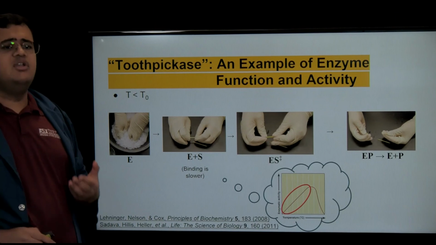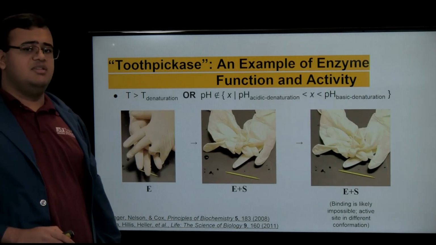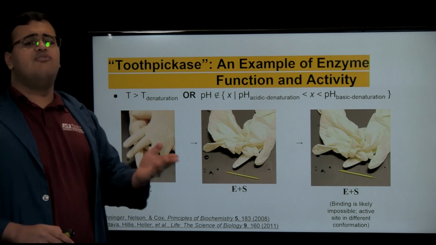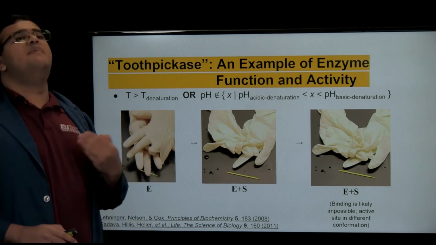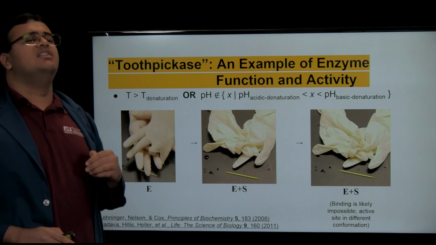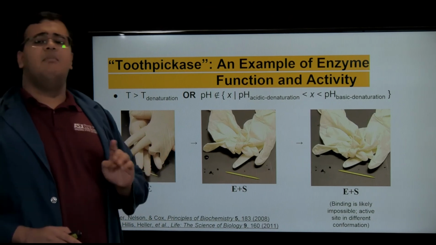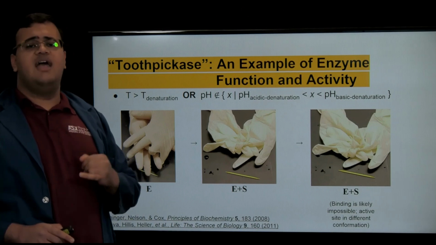However, what happens if we go beyond the enzyme's optimal temperature? If we heat the enzyme up really hot, or if we add acid or base to the enzyme to alter the pH of the solution it's in. Remember, pH 7 is neutral, above that is basic, below that is acidic.